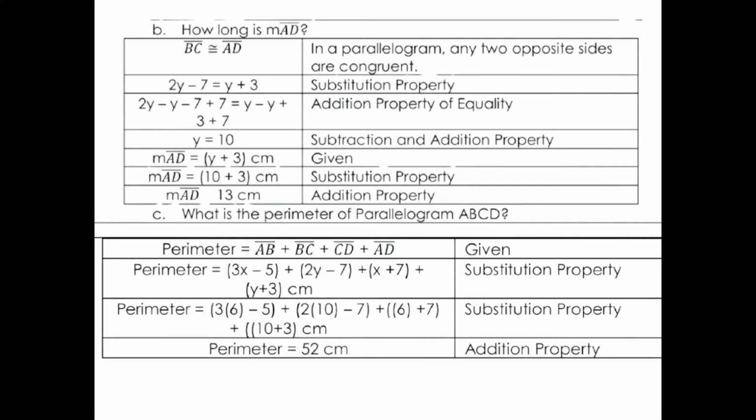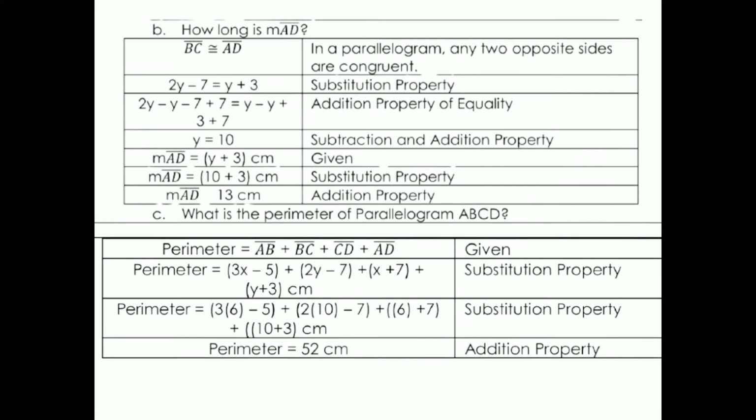Since yung formula ng pagkuha ng perimeter ng isang parallelogram, we just have to add all the lengths of the sides of the parallelogram. So yung side AB, BC, CD, and AD, the sum of it is the perimeter.